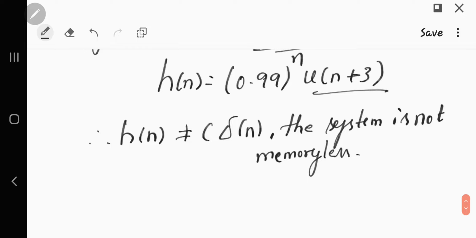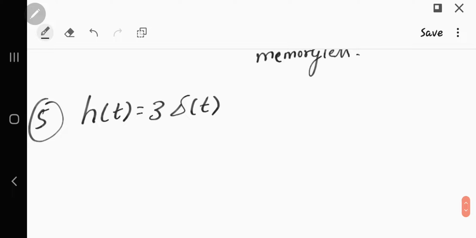So this is the conclusion for this. Now I'll take one more example here just to show what is the condition for a system to be stable. So here a system is given with impulse response h of t is equal to 3 into delta t.